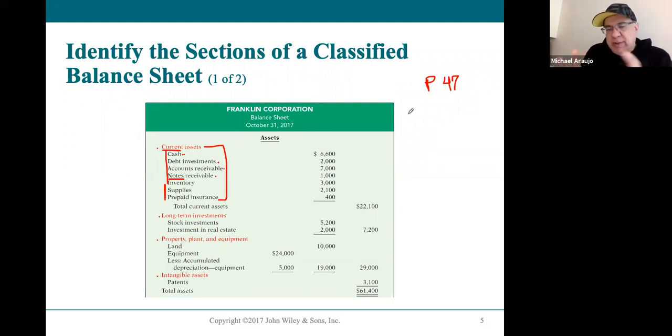So a note receivable, let's get back to this. A note is a loan that I've made. Now, why would I make a loan? Well, because the businesses that I've given a bill to, that I expected them to pay in 30 days, they need more than 30 days. They need 60 days, 90 days, 120 days. And so I say, look, all right, I'll give you 120 days, but I need to charge you interest.